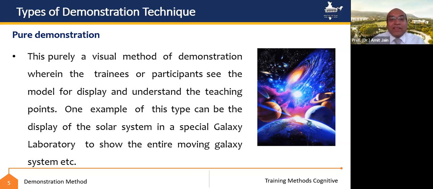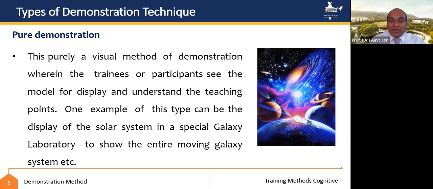One example is the globe. Rather than buying an atlas for the kids, I generally prefer buying a big globe, because that becomes a better demonstration.